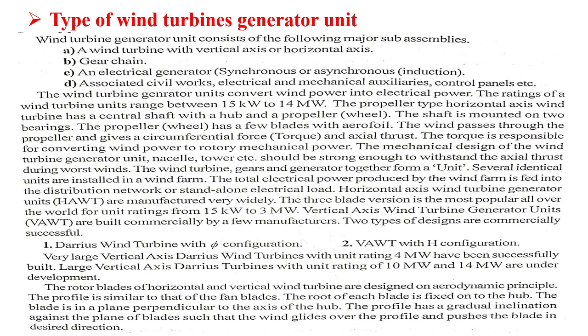Two types of design are commercially successful: Darrieus wind turbine with H configuration. Very large vertical axis Darrieus wind turbines with unit rating 4 megawatt have been successfully built. Large vertical axis Darrieus turbines with unit rating of 10 megawatt and 14 megawatt are under development.